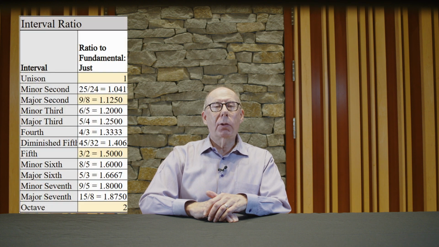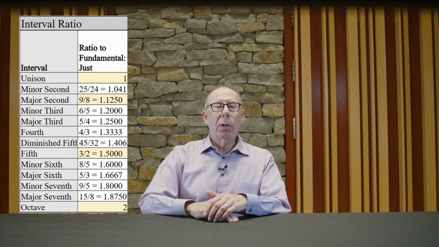So the ratios 3/2, 4/3, 5/4, and 6/5 correspond to a perfect fifth, perfect fourth, major third, and minor third, respectively. That's why a C, E, and G chord sounds pleasant. E is 5/4 as large as C, G is 3/2 as large as C.